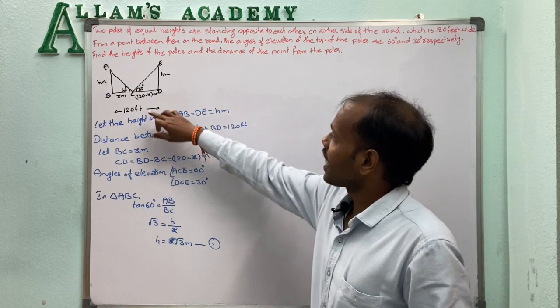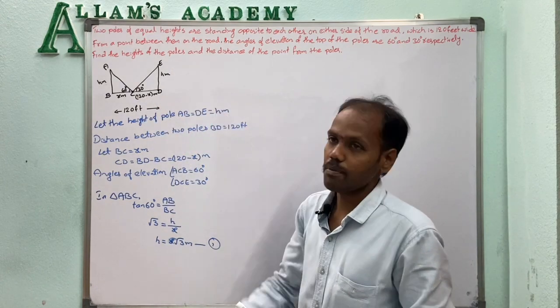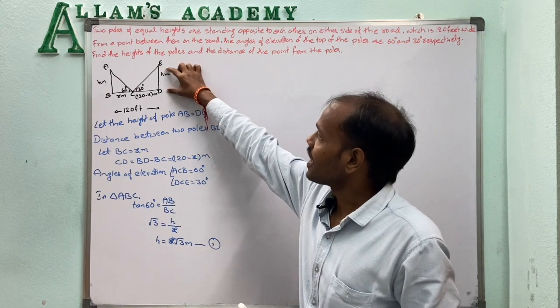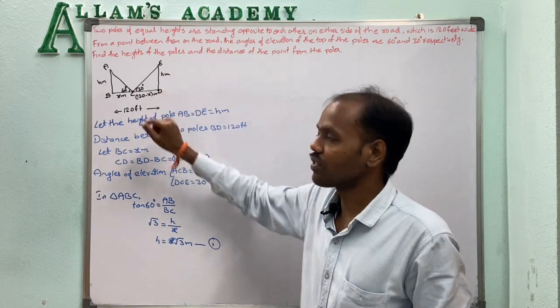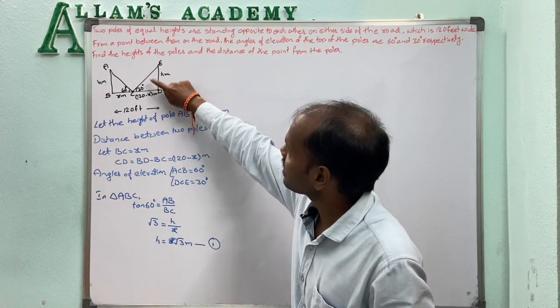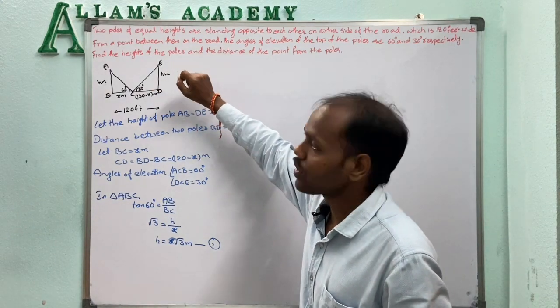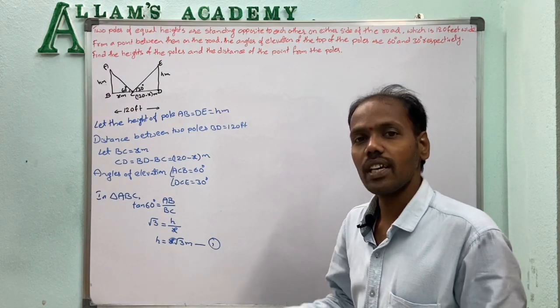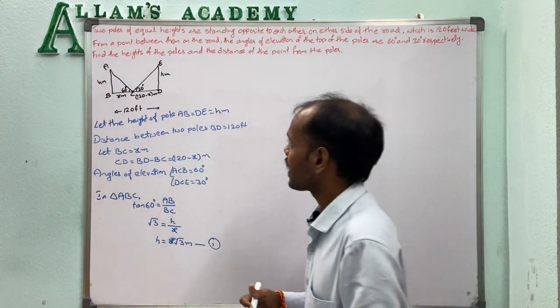Now in triangle CDE, if we observe, here we know the DE length H meters, CD length 120 minus X, and the angle is 30 degrees. For that 30 degrees, this DE is the opposite side and CD is the adjacent side. So here also we can apply tan theta.